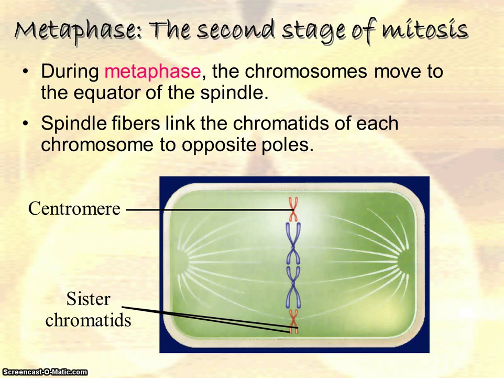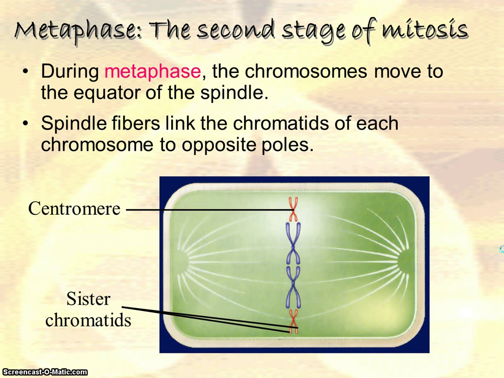In metaphase, the second stage of mitosis, we're talking about the splitting of this nucleus. What happens in metaphase is all the chromosomes, both sets of DNA that were formed through the interphase, are going to line up along the middle of the cell. The spindle fibers that formed during prophase are going to attach to the centromeres that hold these chromatids together.